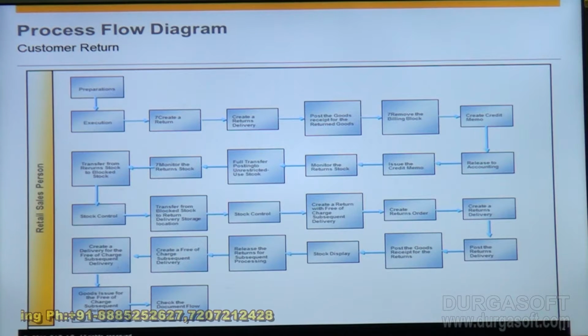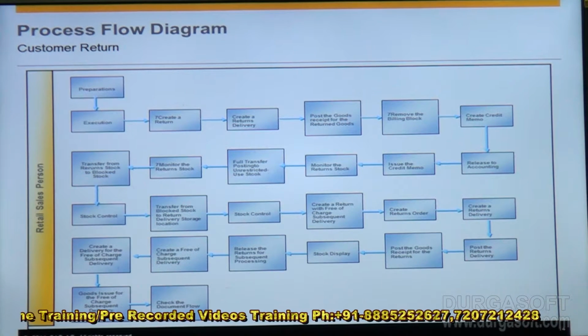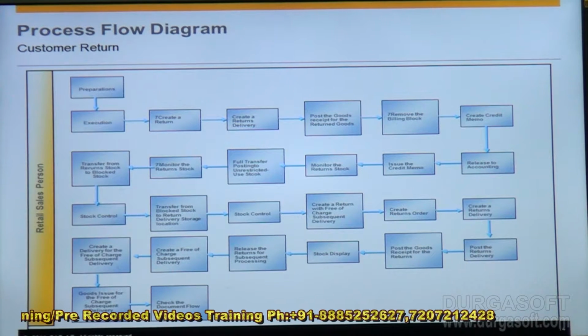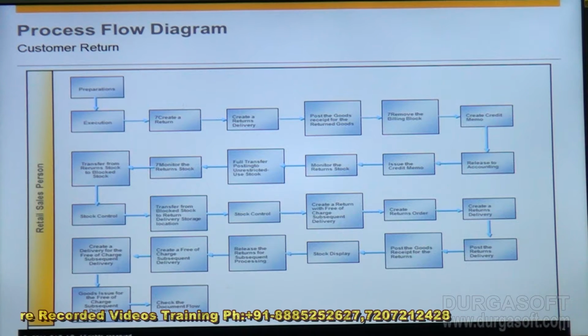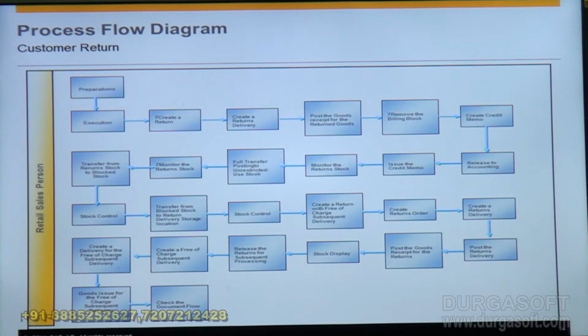Let's see some other options. If you perform any activities, let's see how this is going to look. So stock control, we have create a return with a free of charge subsequent delivery, create returns order, create returns delivery, then post your returns delivery, post the goods receipts for the returns, stock display, release the returns for the subsequent processing, and we indicate this requirement in the business status.